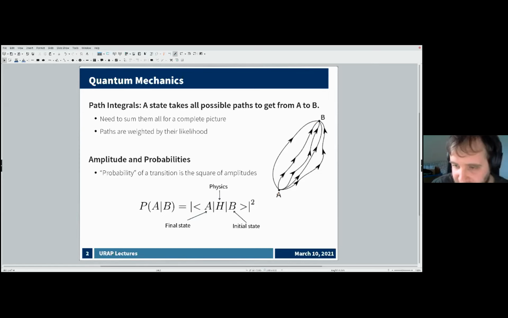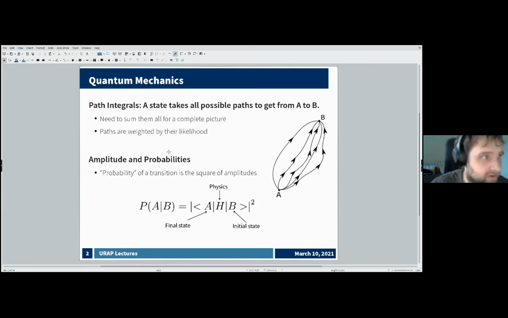This is very general to quantum mechanics. And of course, all the paths through the physics space, you just weight them by the likelihood that they can happen. And then those are the equations that go into that.